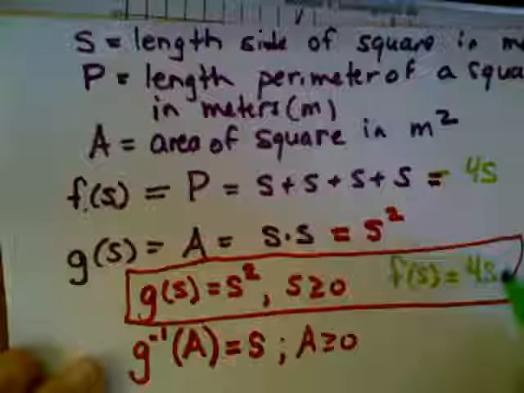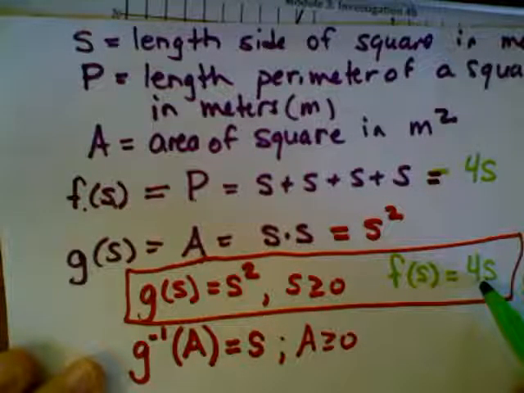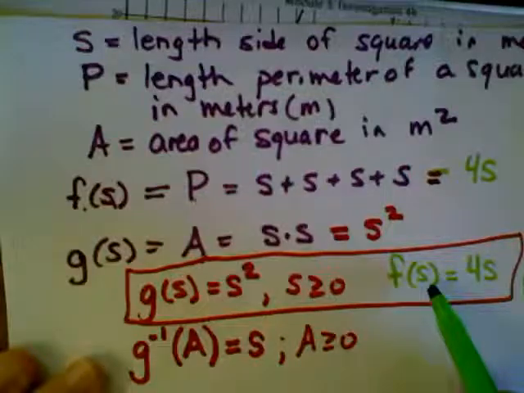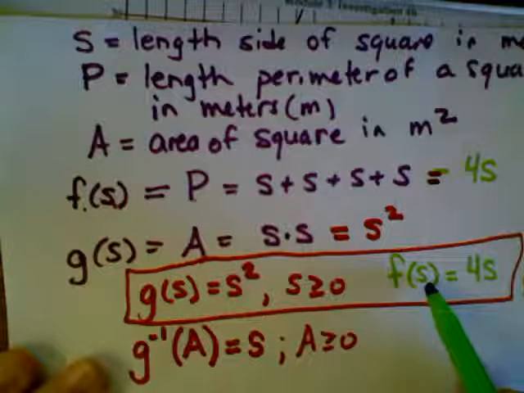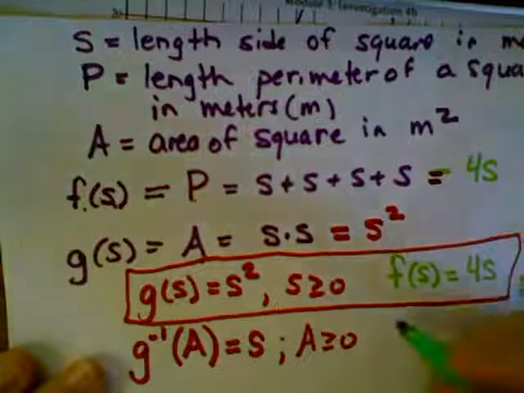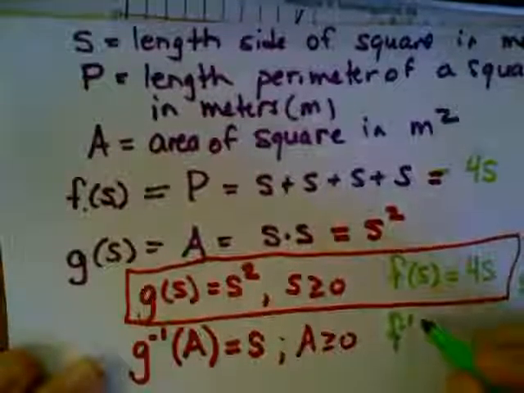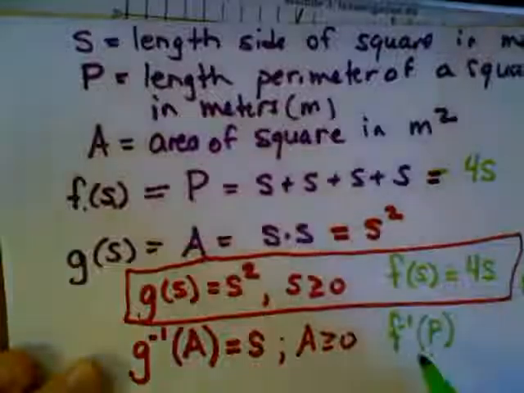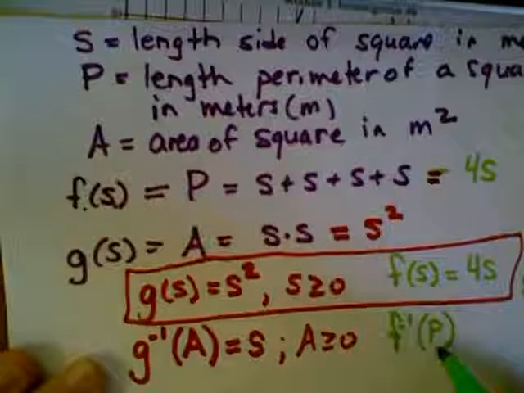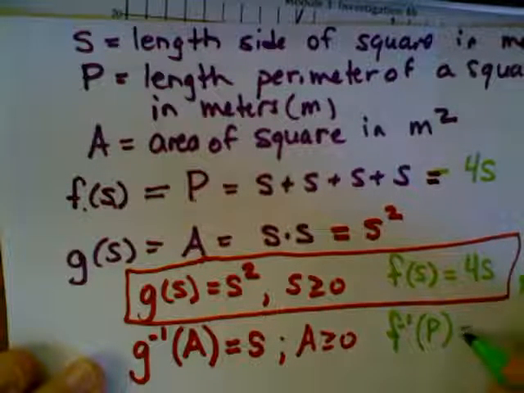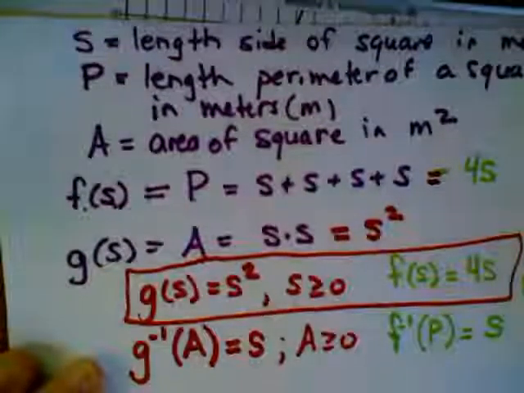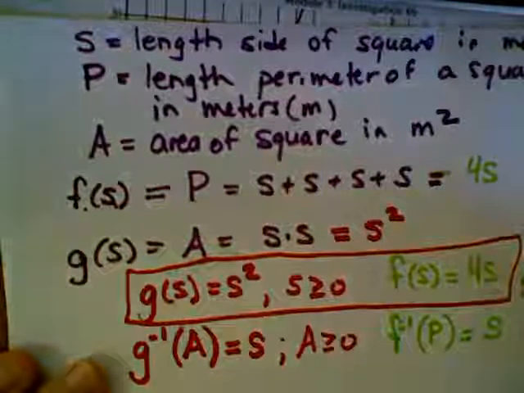To reverse or undo this linear rule, f, that assigns to each s a perimeter, if we want an inverse rule, f inverse, we would apply our inverse rule to the perimeter of a square and get back to the length of the side.